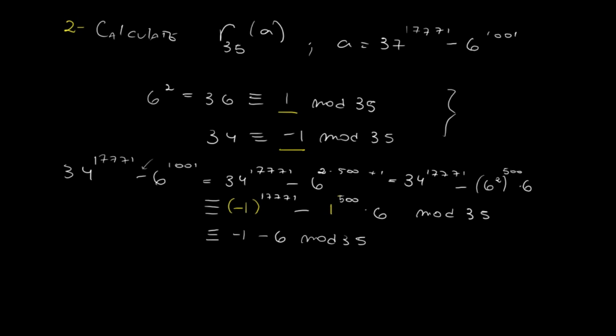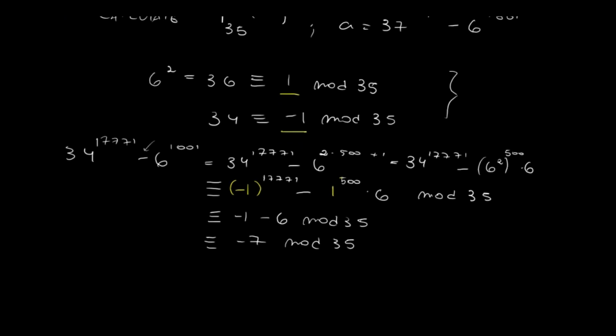Minus 1 minus 6 is minus 7 modulo 35, and saying minus 7 modulo 35 is the same as saying 28 modulo 35. And then with this we get that the remainder of dividing by 35 our very long number A is 28.